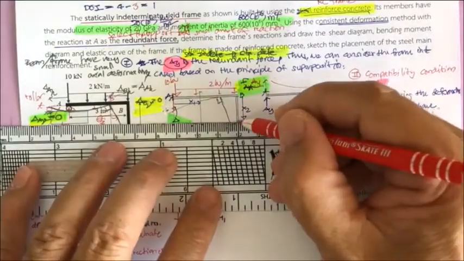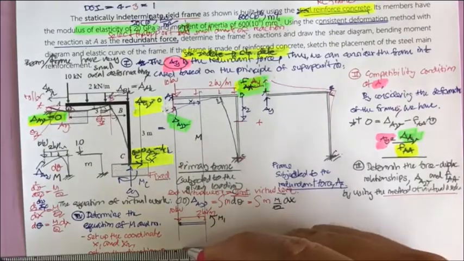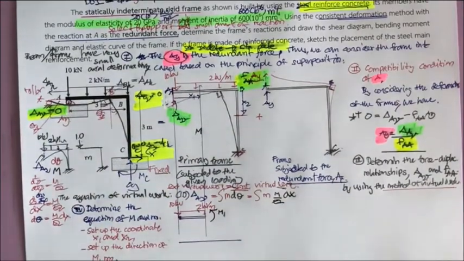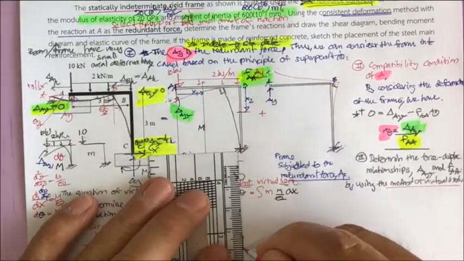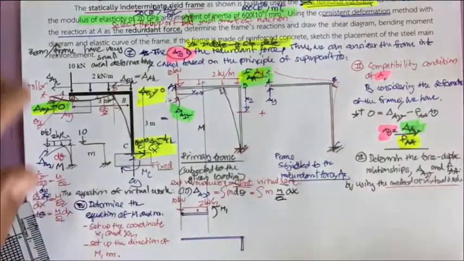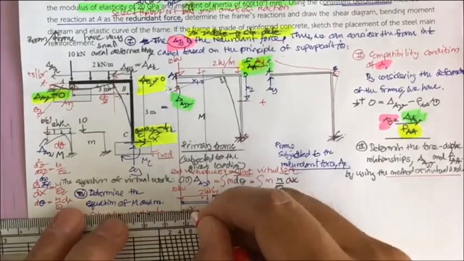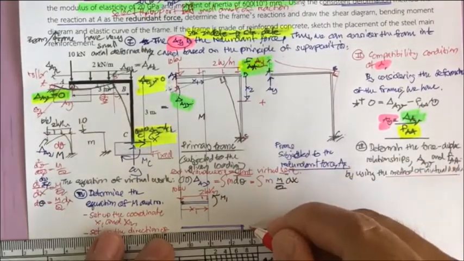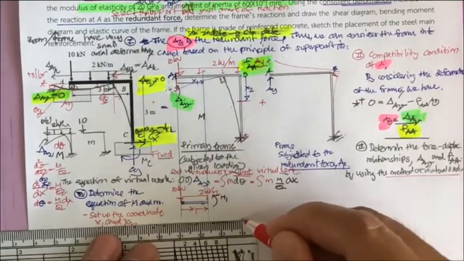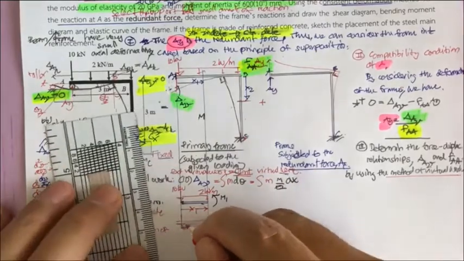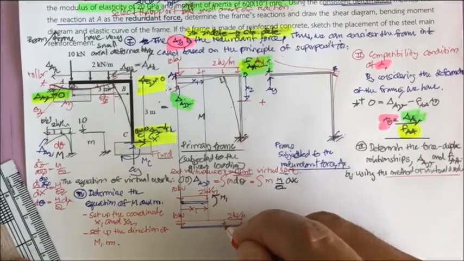And if you cut this over here, your frame is going to be 3 meters, and putting down a little bit here, this is x1, and this is going to be x2, subjected to the given force of 10 kilonewton and 2 kilonewton per meter.